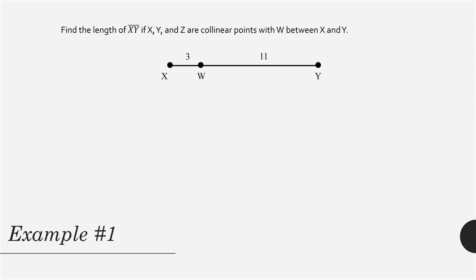Here's an example. Find the length of segment XY if X, Y, and Z are collinear and W is between X and Y. So here's our segment XY. And we can see that W is in between X and Y. The first thing we're going to do is write what's called a geometry statement.